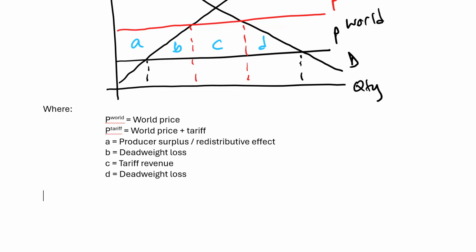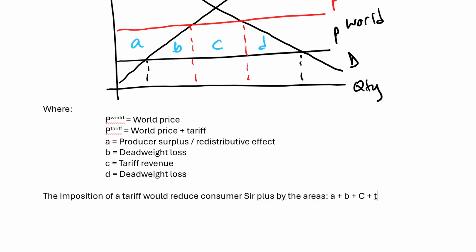The imposition of a tariff would reduce consumer surplus by the areas A plus B plus C plus D. Area A represents the gain in producer surplus domestic firms would enjoy from the tariff protection.